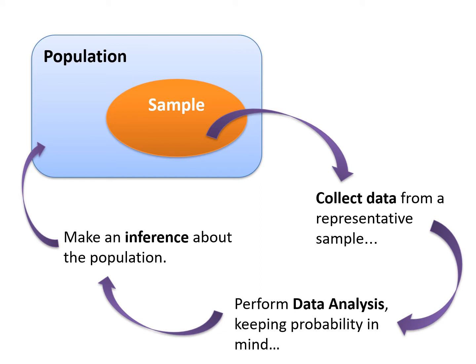A quick example of this: we want to predict who people are going to vote for in the next election, and there's no way we can ask every person, either in Washington State or the U.S. as a whole, who they would vote for. So instead, a lot of the polls that you see take a sample and then do some inference to learn about the population as a whole from that.